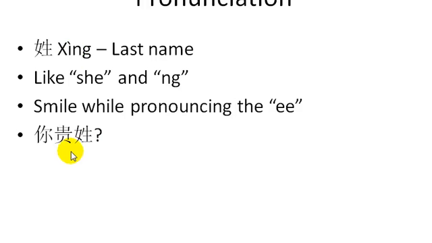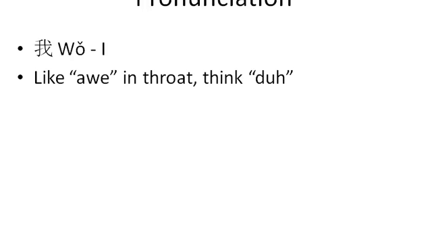So we put this together with ni and gui xing to form the question, what is your last name? And this is the polite way of asking someone's last name when you're meeting them for the first time. Let's try this together. Ni gui xing. Ni gui xing. Ni gui xing. Excellent.